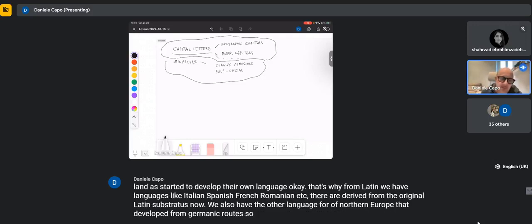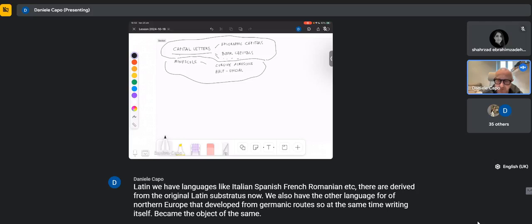So, at the same time, writing itself became the object of the same process of subdivision.